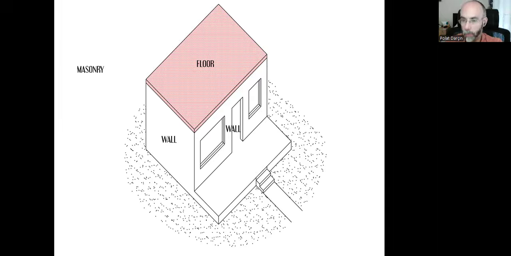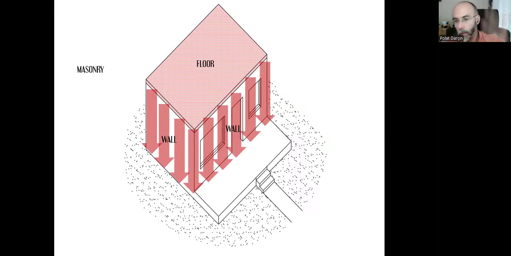And these are wall surfaces. If you decide that the structural system is going to be a masonry system, then all these walls will be carrying the loads of the floor and everything on it, all the layers, and they are going to be transferring them to the ground.